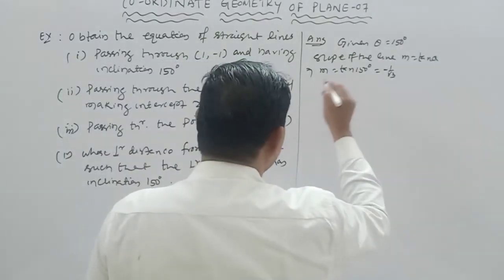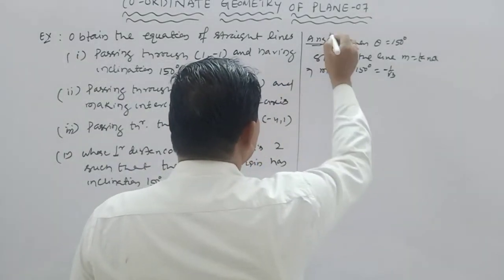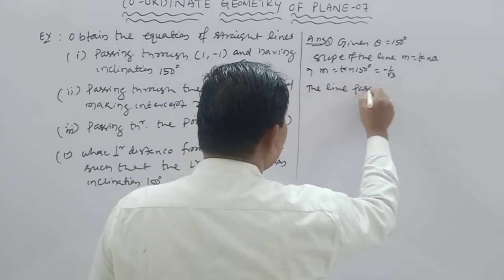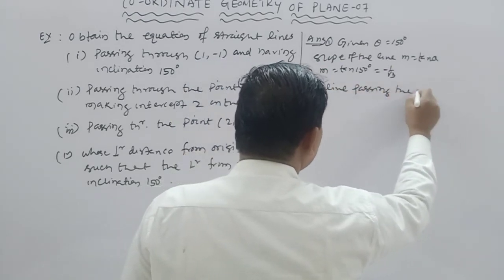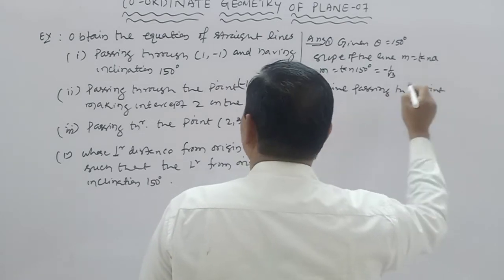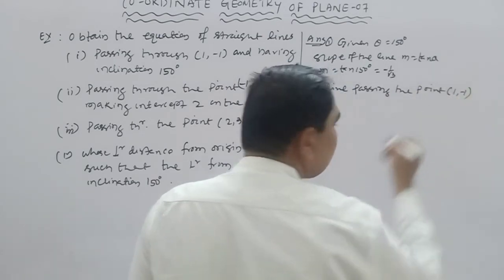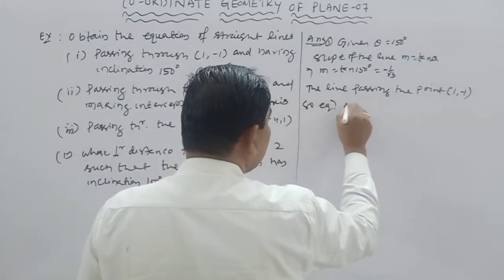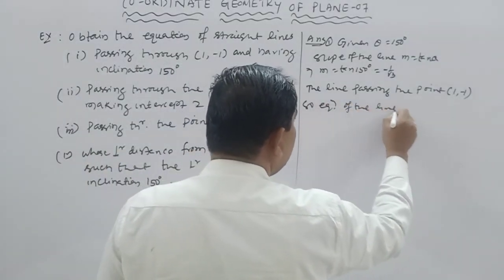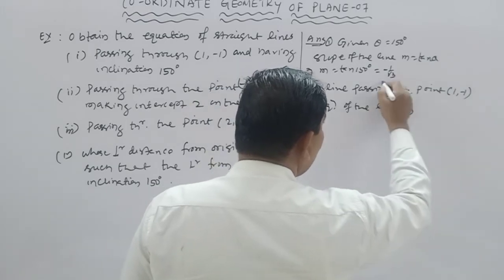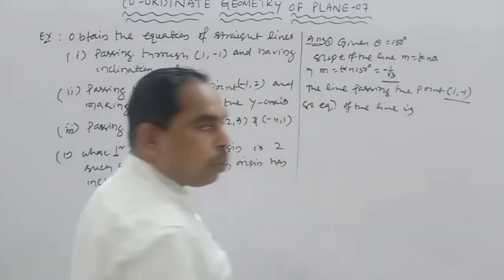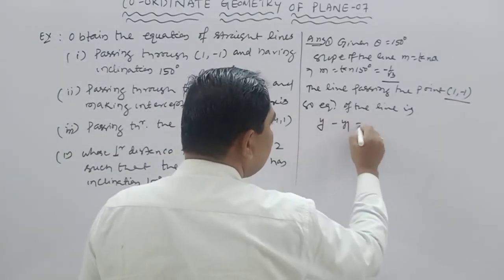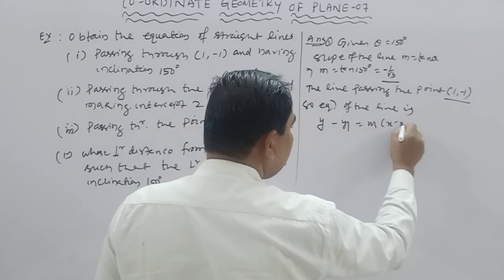And the line passes through the point 1 comma minus 1. So the equation of the line in slope point form is y minus y1 is equal to m into x minus x1.